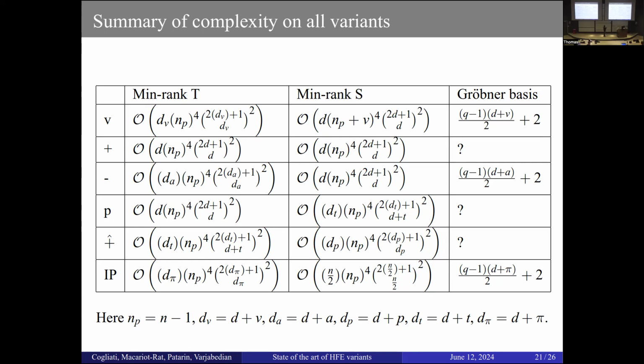They have either no effect on MinRank S, or have one, but do not have an effect on MinRank T, and vice versa. IP is different from all of them because it has effects on both of them, and the effect on S is far more important than what we were used to.